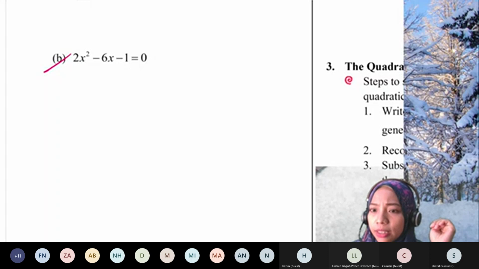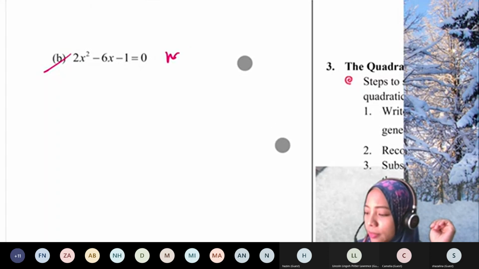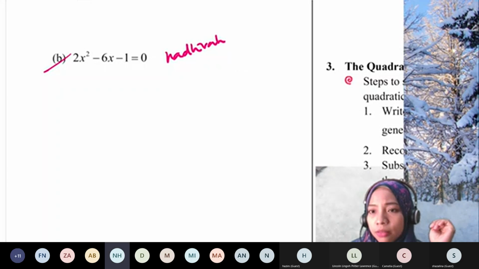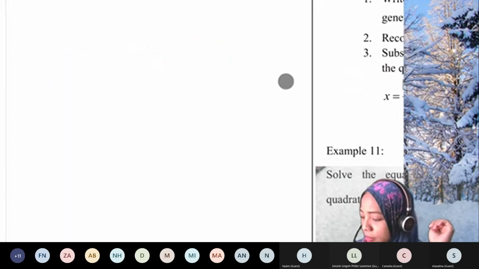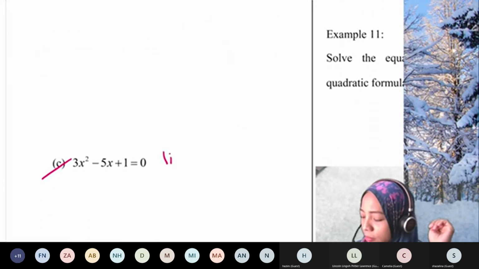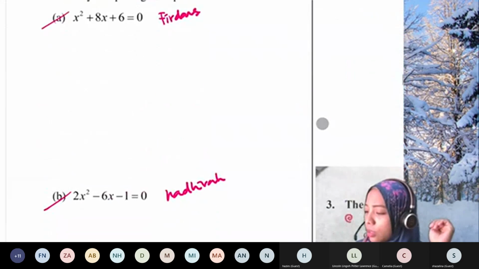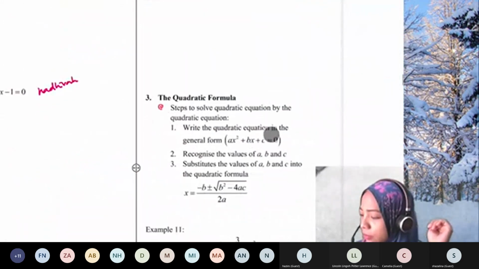And then cikgu minta Nadira Hadani. Nadira ada? Ada. Lepas tu cikgu minta Lincoln. Boleh Lincoln? Boleh. Okay, so 3 orang ini nanti share kat dalam.